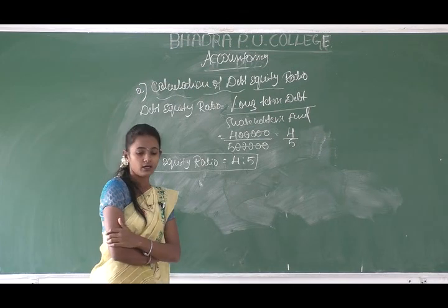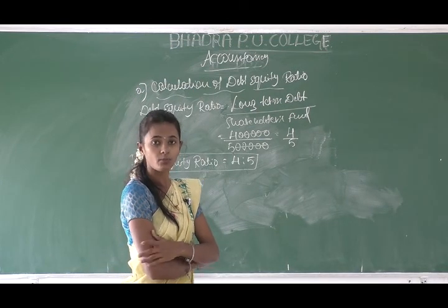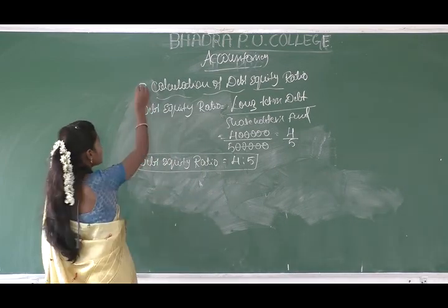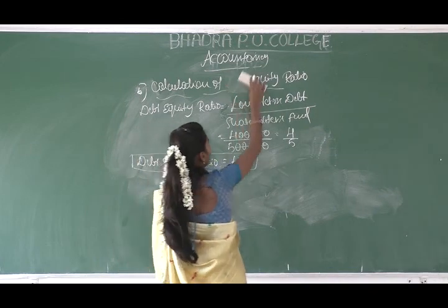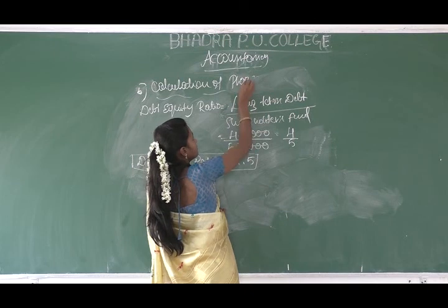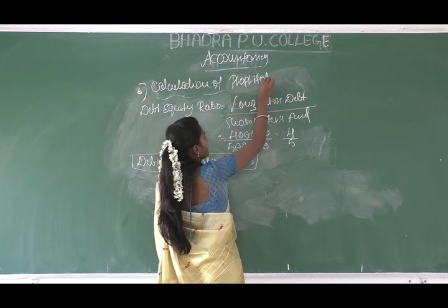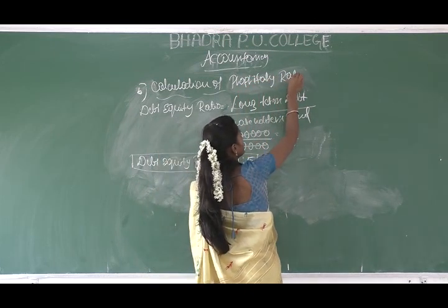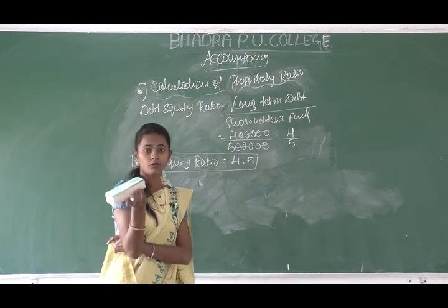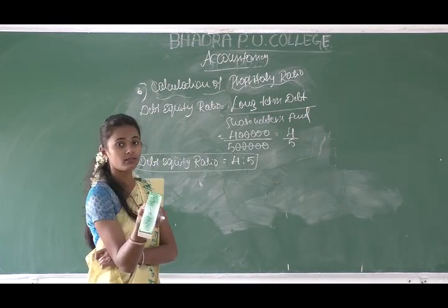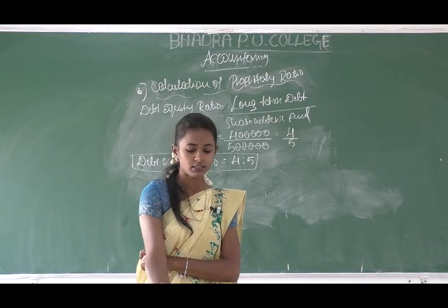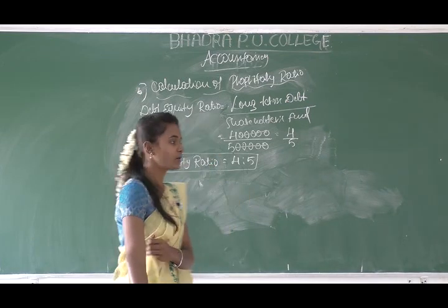So secondly we need to calculate the proprietary ratio. Again we have a formula for the calculation of the proprietary ratio, that is, proprietary ratio is equal to shareholders fund divided by total assets.